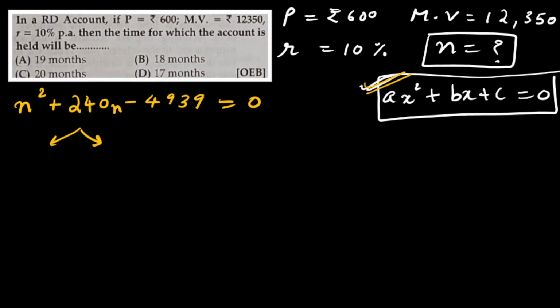241. Okay, so a different quadratic equation we are getting. Let me check. I think somewhere again some mistake we have done, because I am getting n square.